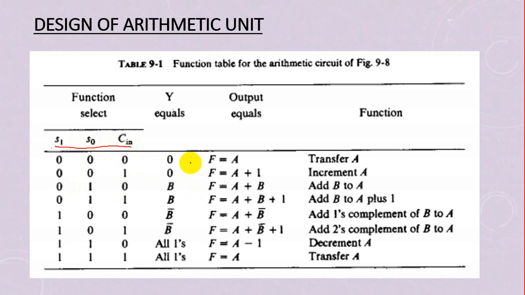When it's all 0, transfer of A. 0, 0, 1, increment of A. You just summarize the operations in tabular form over here. 0, 1, 0, A plus B. 0, 1, 1, A plus B plus 1. 1, 0, 0, A plus B bar. And so on. These are the different arithmetic operations.